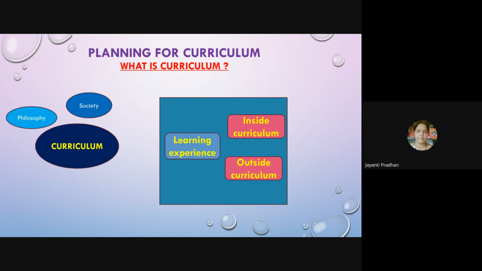Nowadays, if we say that we are very much practical oriented, then it is related to the school of philosophy like pragmatism. And if we think we must respect the body, the spirit, the mind, then it is related to idealism.